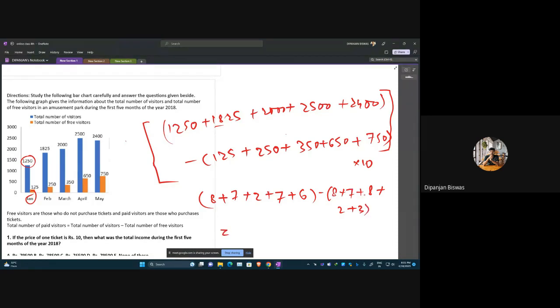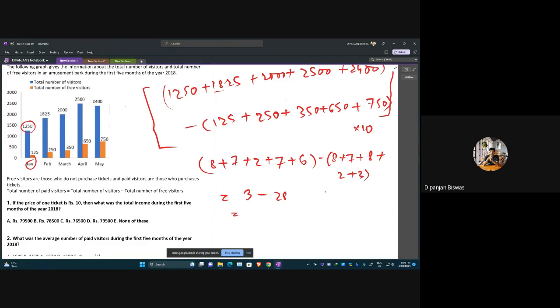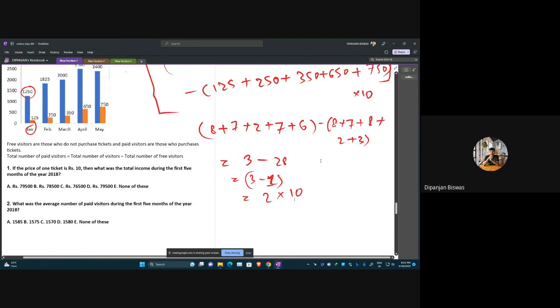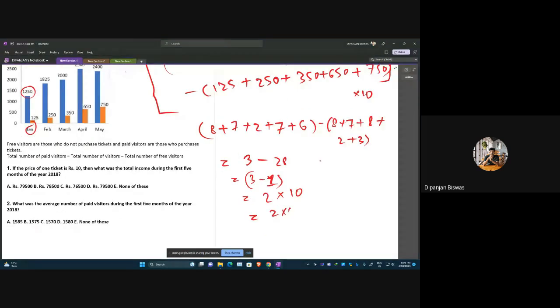So 15 plus 2, 17 plus 7, 24 plus 6, 30. 30 is 3. Subtract 8 plus 7, 15 plus 8, 23 plus 2, 25 plus 3, 28. 28 is 2 plus 8, that is 10. 10 is 1. So 3 minus 1 we should be getting 2, multiplied by 10. So 10 has a digit sum of 1. So 2 into 1, we should be getting 2.